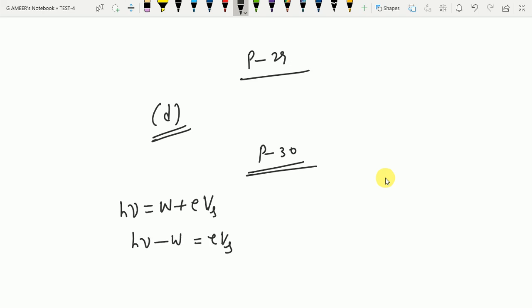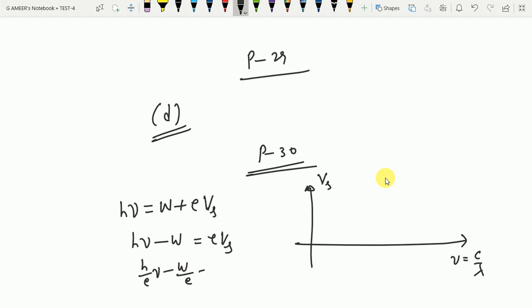If I draw the stopping potential versus frequency, that is c by lambda, the graph looks like h by e into nu minus W by e is equal to the stopping potential. So y is equal to mx minus c.